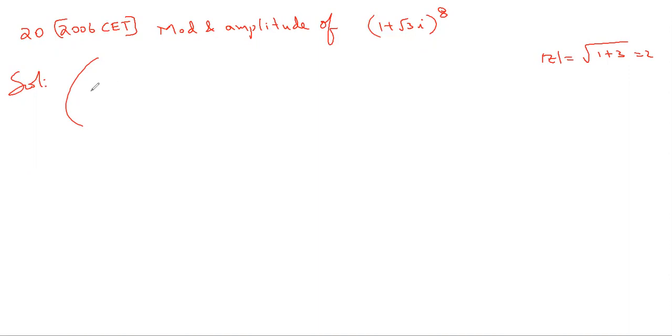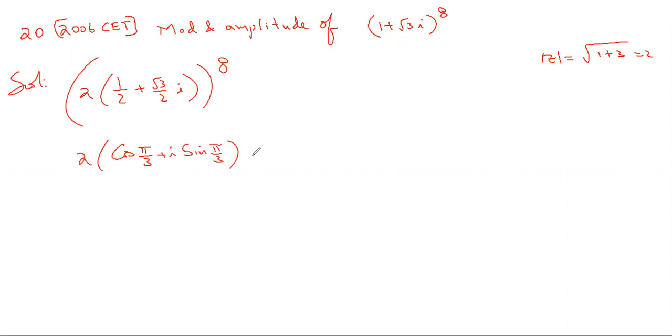So then 2 times (1 by 2 plus root 3 by 2i), the whole power 8. We need to write this as cos theta plus i sin theta. So cos pi by 3 plus i sin pi by 3, the whole power 8.